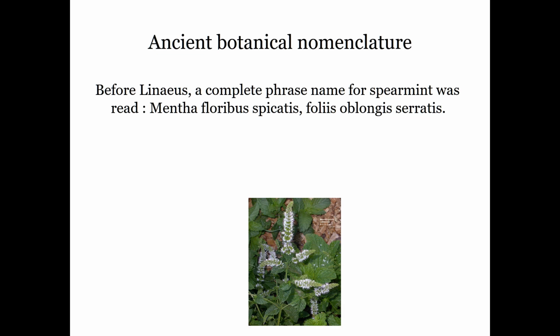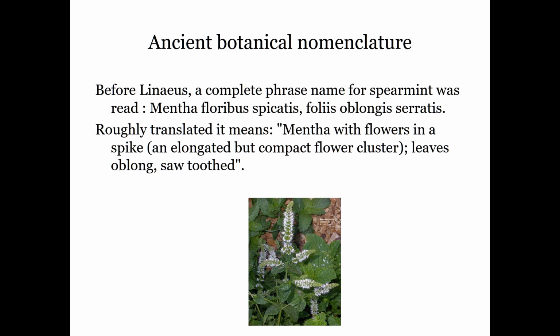So the particular plant called spearmint used to be Mentha floribus spicatus folius oblongus serratus. So that's a pretty long description of the plant, but it would mean here's a mint, it's got flowers and a spike, leaves are oblong and soft-toothed. So it's more of a description than it is actually a name.